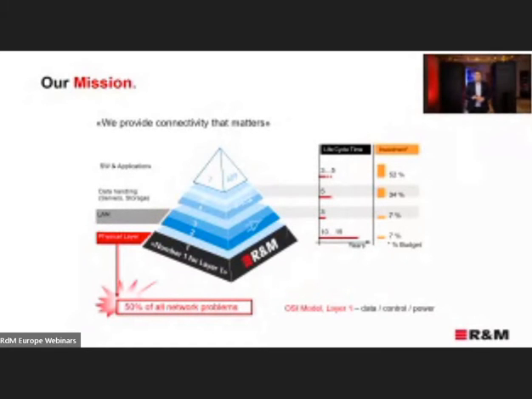And as you can see, this is like the pyramid in the opposite way. The cabling is used for the longest period of time, but the cost of implementation is the smallest compared with the higher levels.